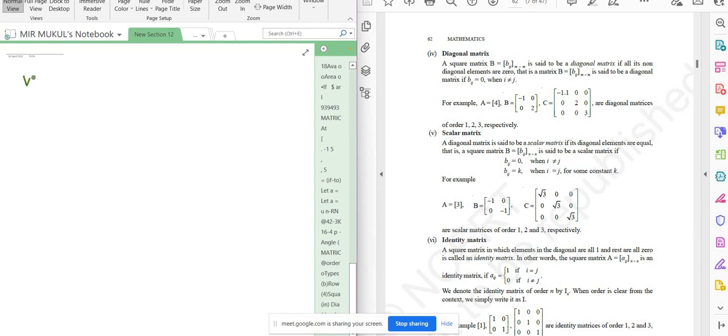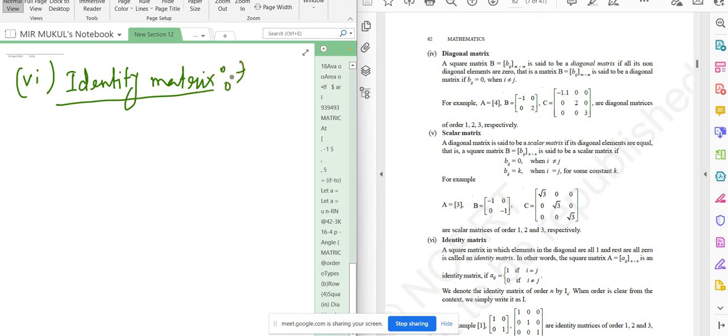Now next, sixth, identity matrix. An identity matrix is one kind of scalar matrix. The only difference is that diagonal elements will be 1.